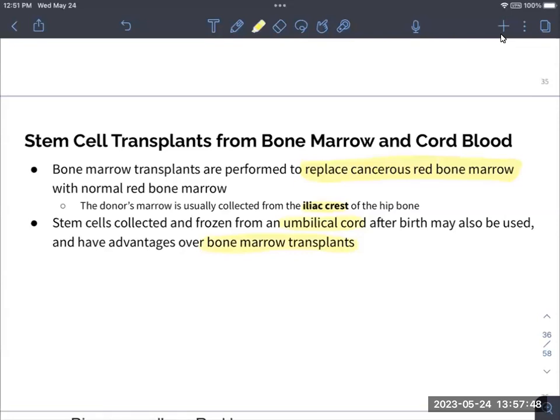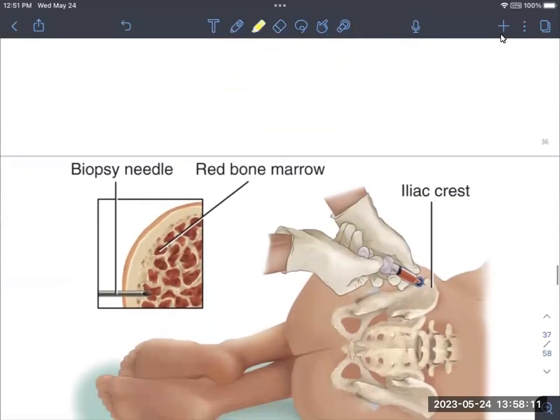It's stuff that's been out for a while. It's ways to try to help. Because from an umbilical cord, it can be that same person's. You don't have to try to match up blood type. You don't have to try to match up anything. It's using stem cells from your own umbilical cord, which is kind of cool.